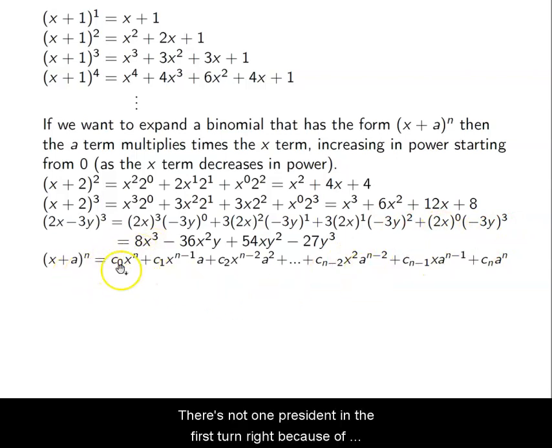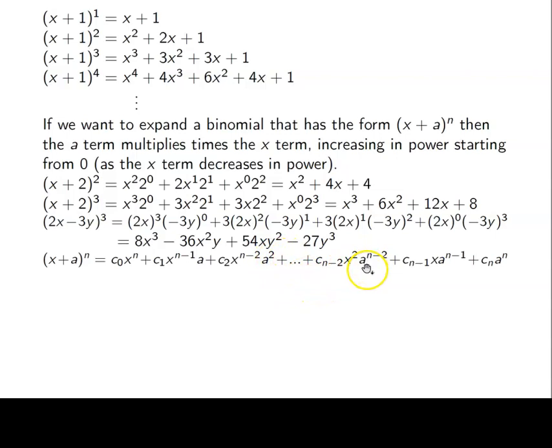There's no a present in the first term, right, because of Pascal's triangle. Then we have a to the 1, and then a squared, and then a cubed, and so forth, until we have 1 less than n, up to n. And these C naught, C1, C2, all the way through, are just the coefficients based on Pascal's triangle.